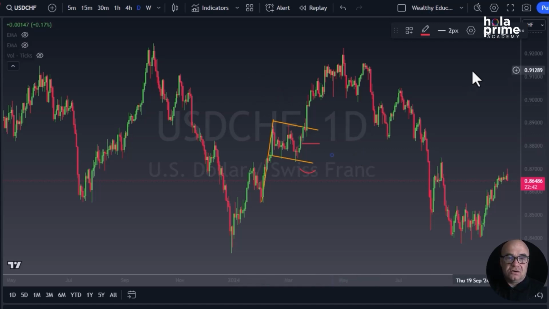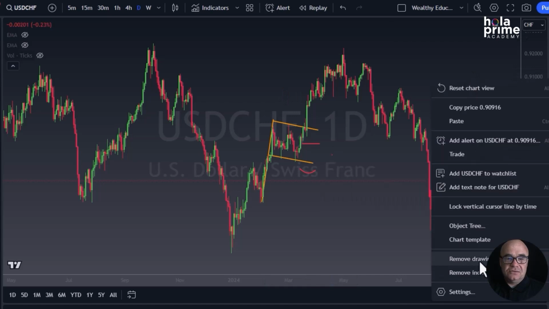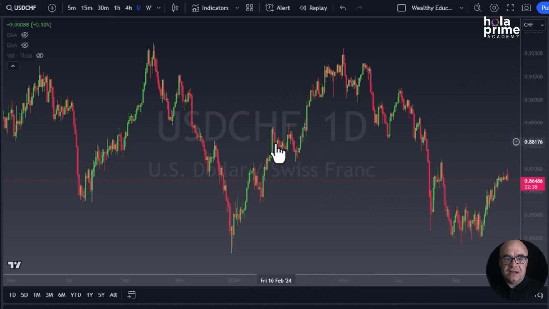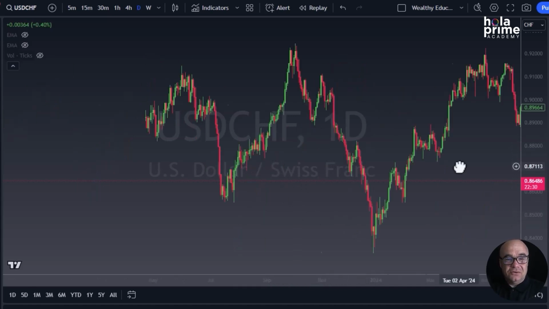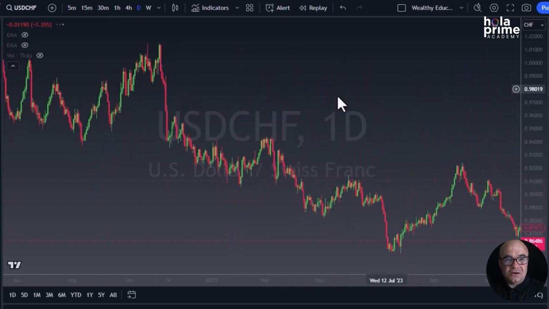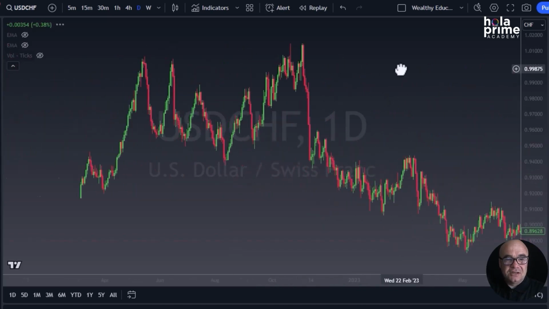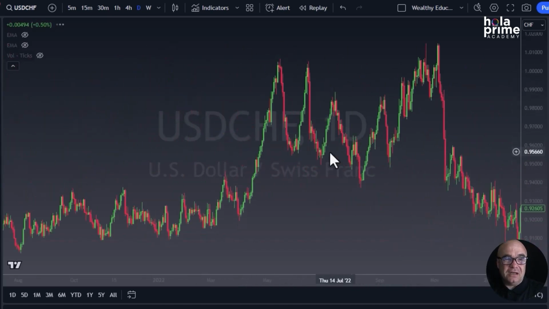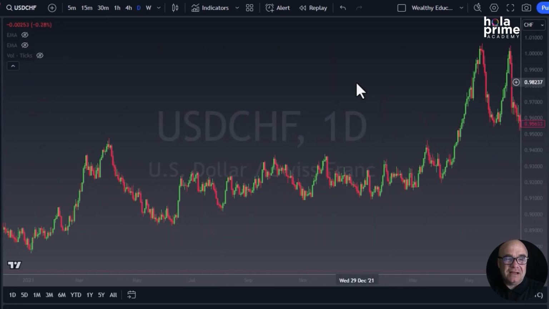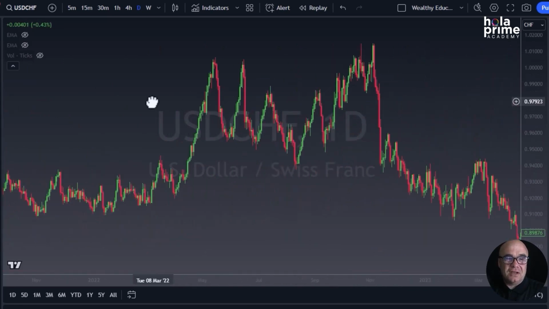There are some things that you need to think about when it comes to a flag. You don't want it to be a flag that's longer than a pole. You want it to actually look like a flag. But as I alluded to earlier, flags are both bullish and bearish, and they're not all that uncommon. It just comes down to what's going on in the market if you have a nice trending market.